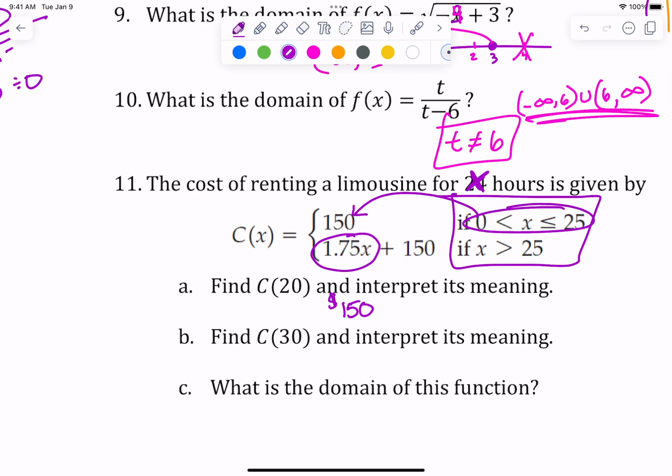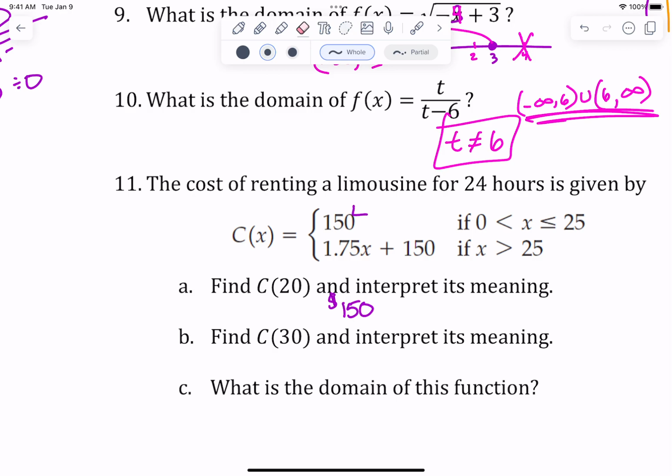I almost wonder if X is representing the miles. Probably, because it is renting for 24 hours. So you're renting a limo for 24 hours, but you're driving X number of miles. That would make a little bit more sense, right? Because they're charging by the miles. So $150 if we go 20 miles.